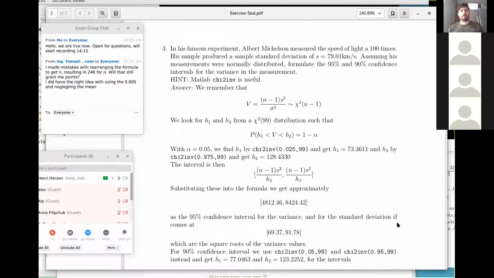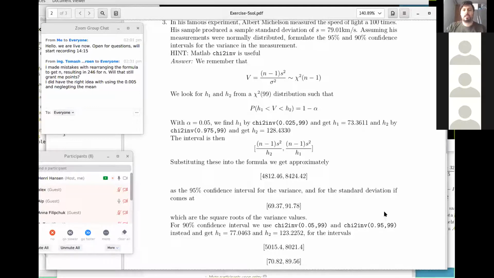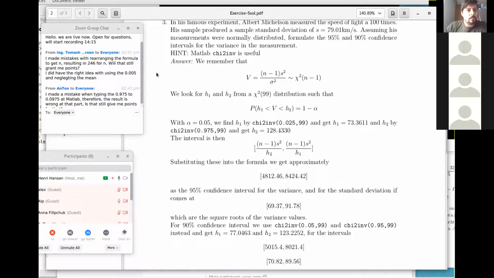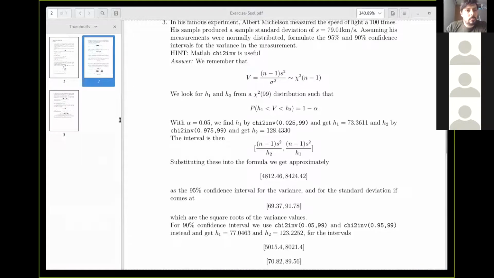Now for the 90% confidence intervals, we just simply use the points 0.05 and 0.975, I mean, if it's the type of error where you use different values.